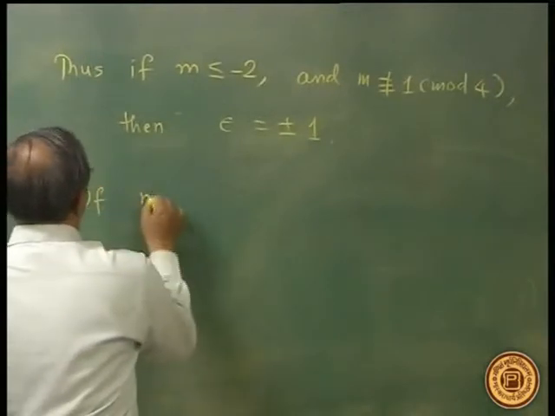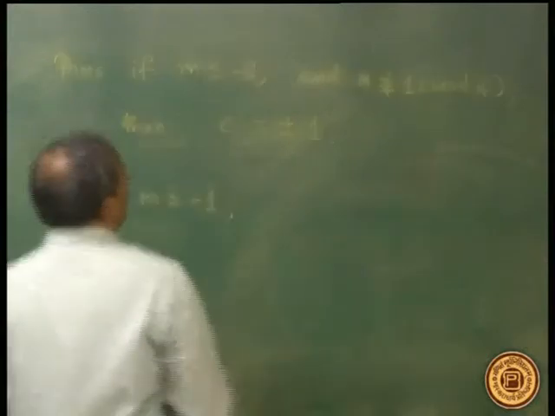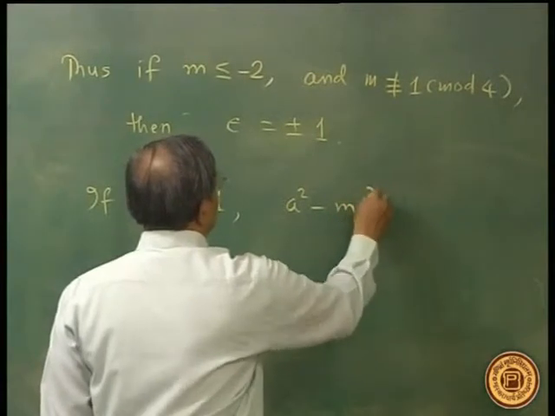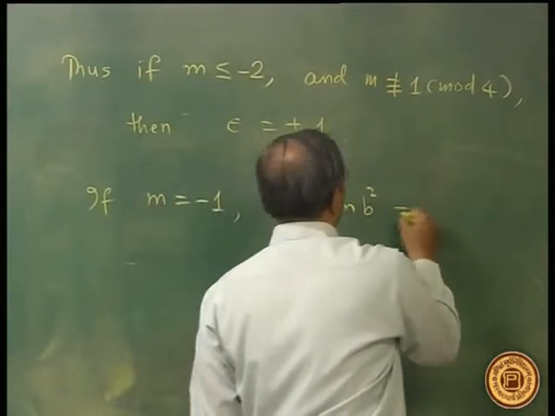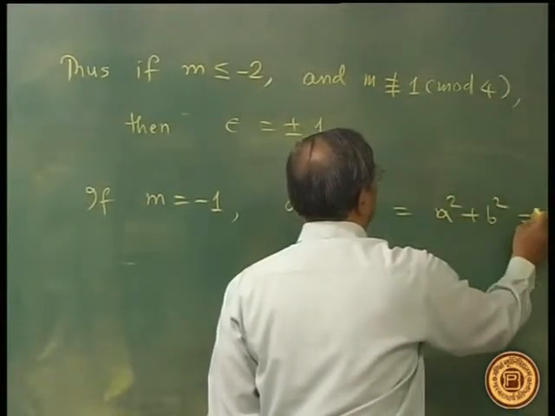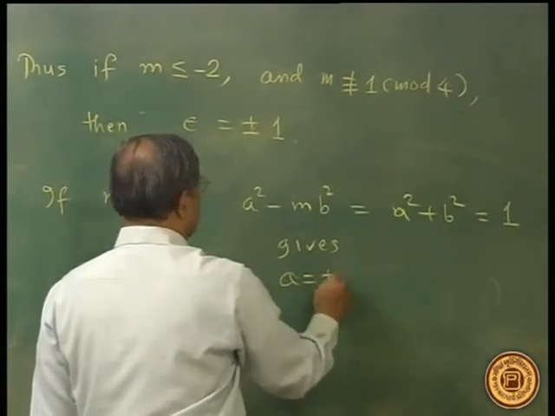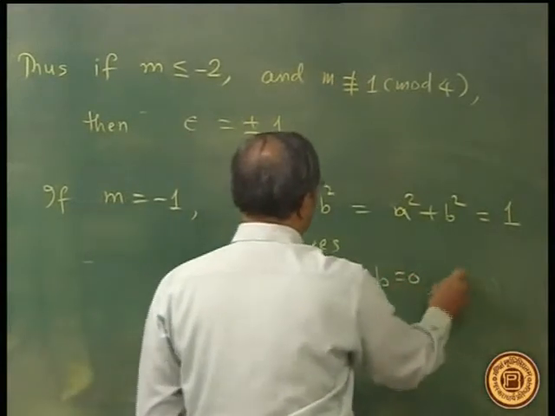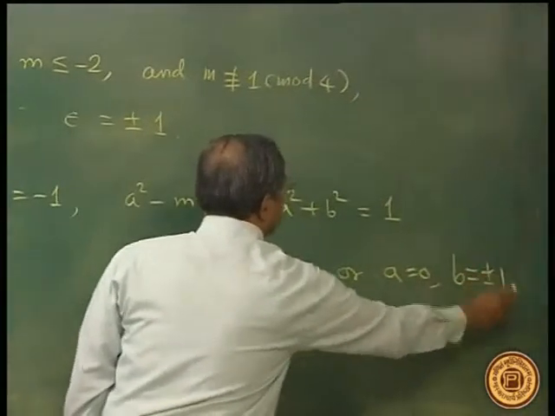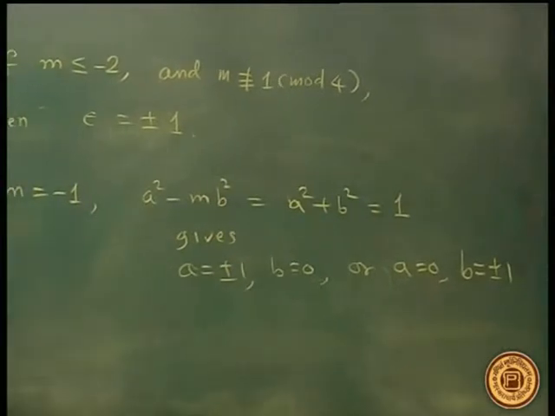If m equal to minus 1, which is not 1 mod 4, m equal to minus 1 gives a square minus m b square equal to a square plus b square equal to 1, which gives a equal to plus or minus 1, b equal to 0, or a equal to 0, b equal to plus or minus 1. These are the only integer solutions.